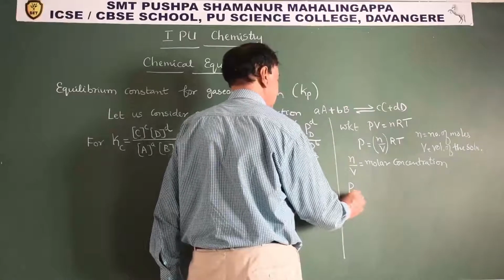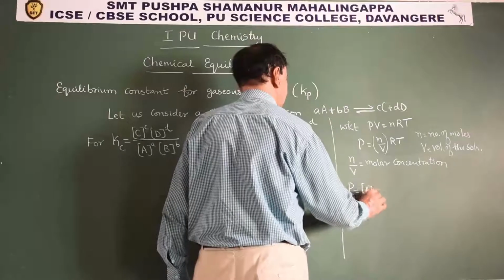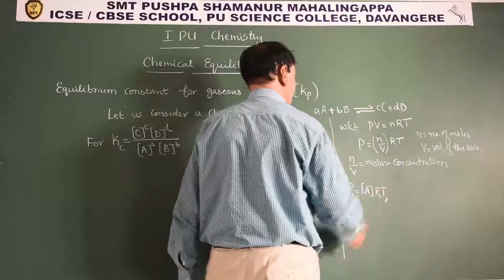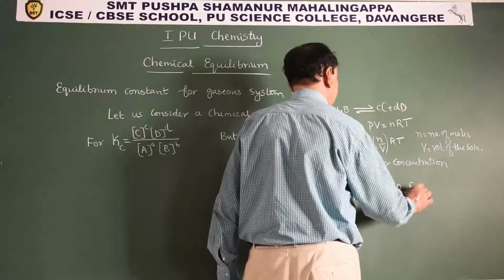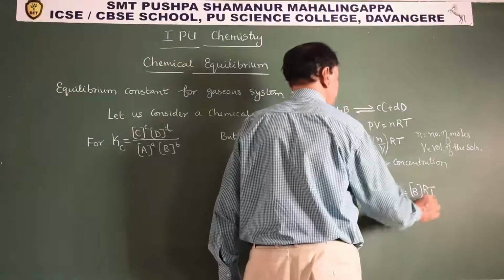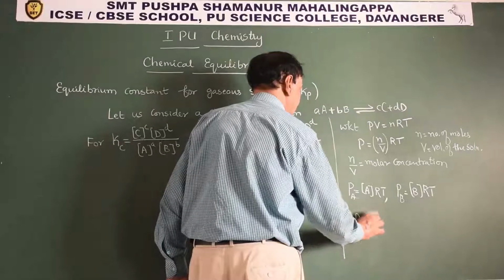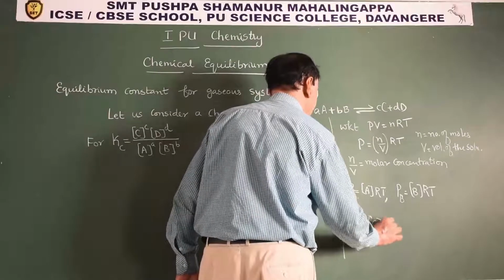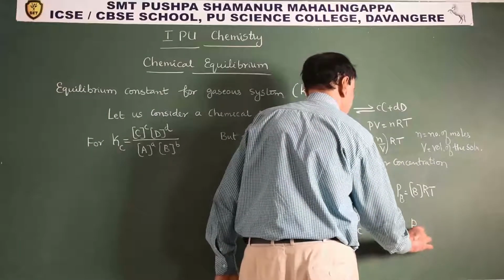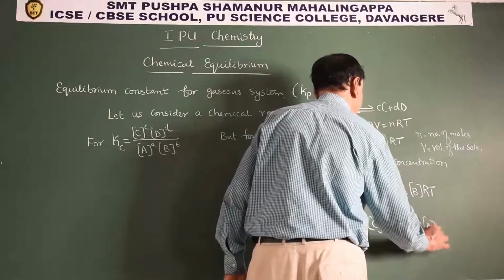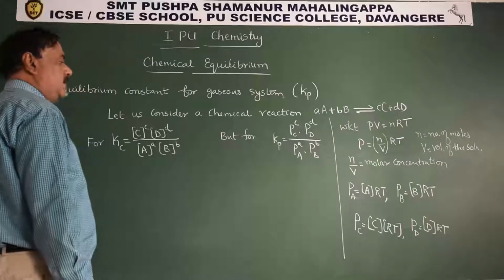Suppose PA is equal to the molar concentration of A into RT, PB is equal to the molar concentration of B into RT, PC is equal to the molar concentration of C into RT, and PD is equal to the molar concentration of D into RT.